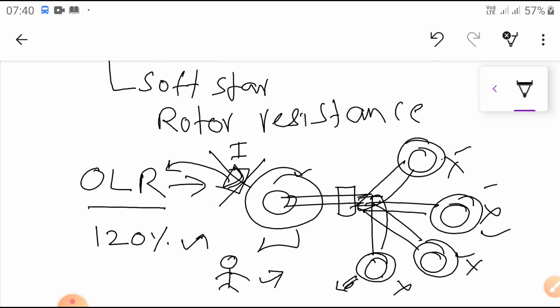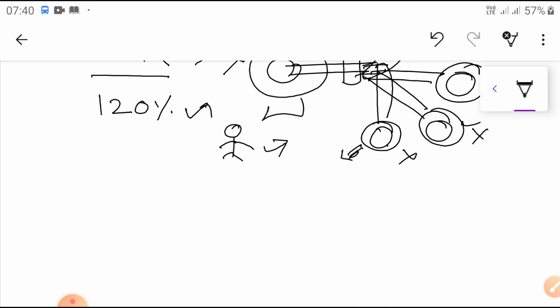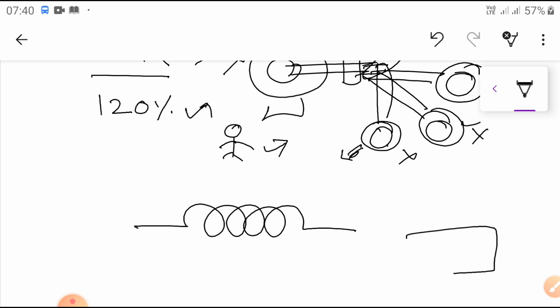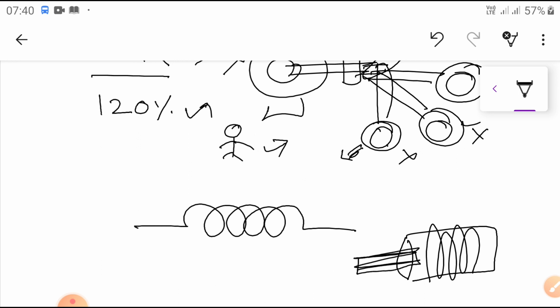How are you protected? This we have already seen in the previous class, the moving plunger arrangement. In the DOL starter we have seen the plunger. Dear students, just remember that. It is a coil, nothing but a coil. There is a plunger mechanism. It has one cylinder, over which the coil is provided, and inside it a piston is provided.